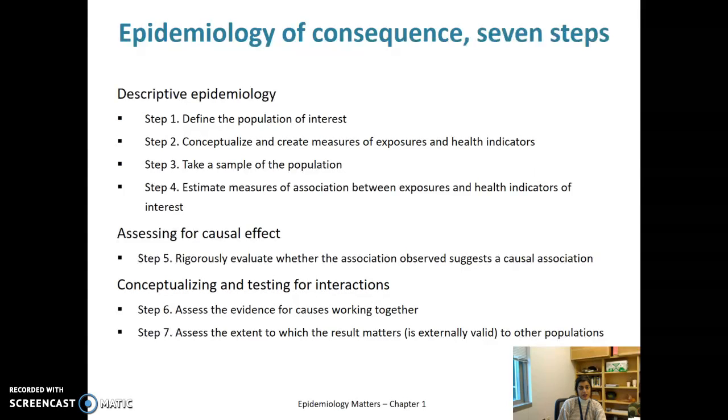And if you think about it, so many of the patients that we've seen, that we've known, or that we've been ourselves have multiple causes working together to manifest into a disease. So this is step 6. Step 7 is assessing the extent to which the result matters or is externally valid to other populations.